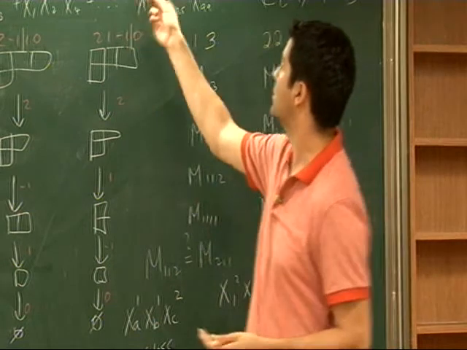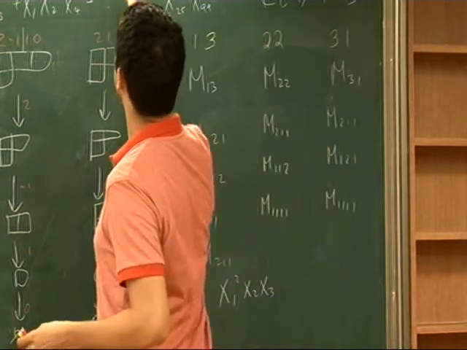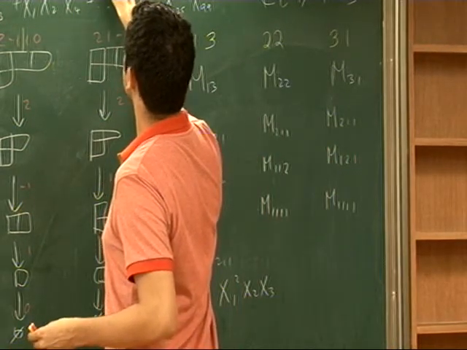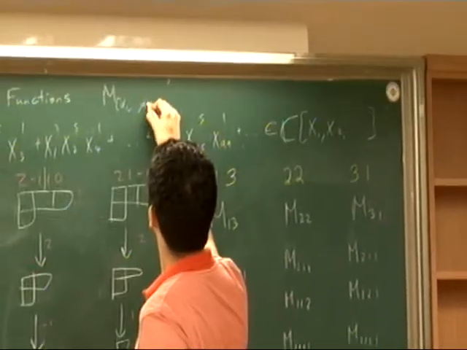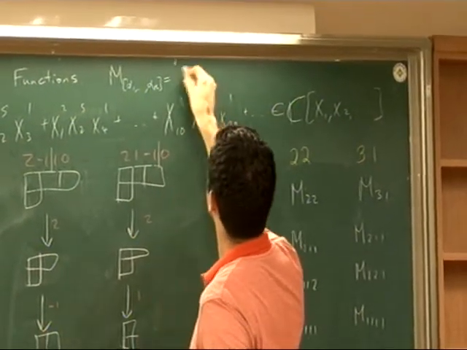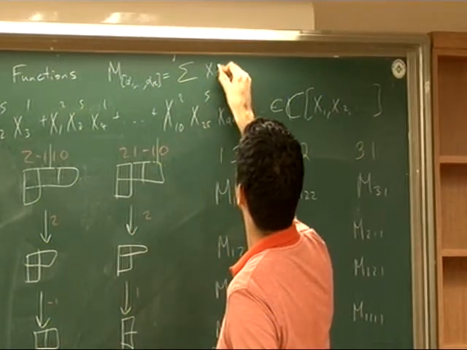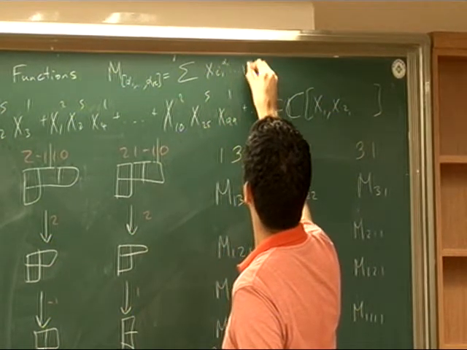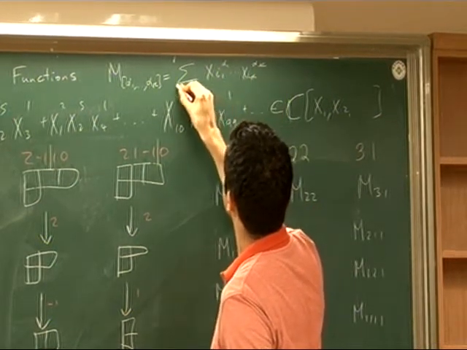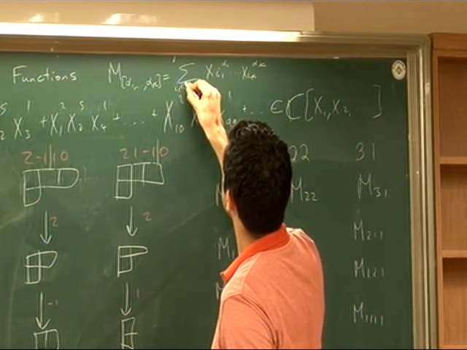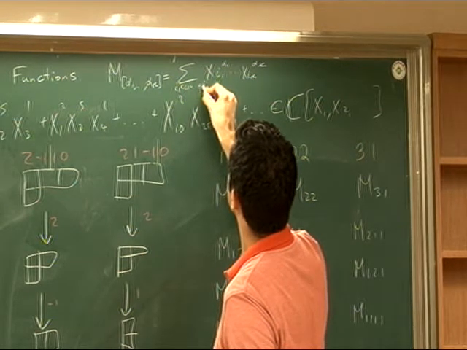I guess I didn't define this properly. I should have said m of alpha, where alpha is the composition alpha 1 through alpha k, is equal to the summation of xi1 to the alpha 1 all the way to xik to the alpha k for i1 strictly less than i2 strictly less, all the way to ik.